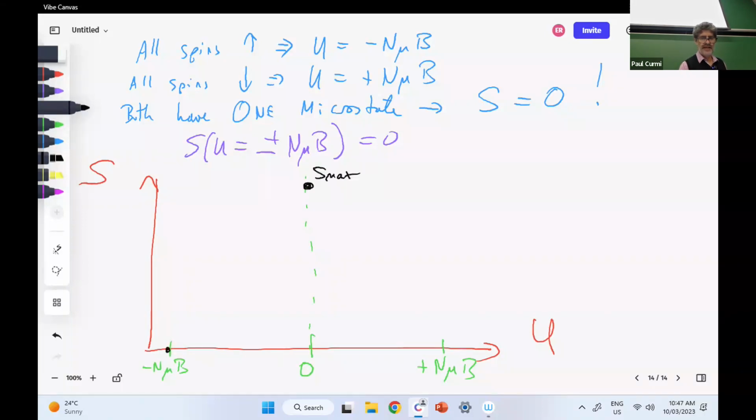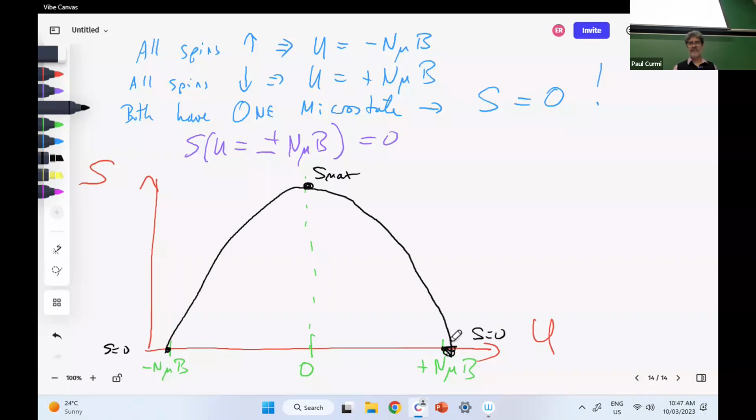Over here, I get S equals 0, and over here, I get S equals 0. And if I join up the dots, okay, what is wrong with this? Entropy is going down with energy, okay? Is that allowed? Okay, let's think about it for a bit.